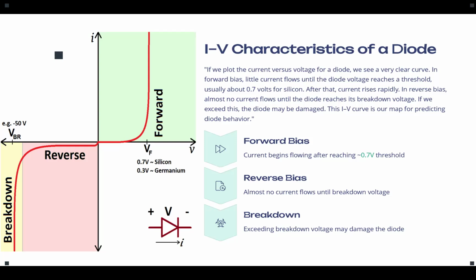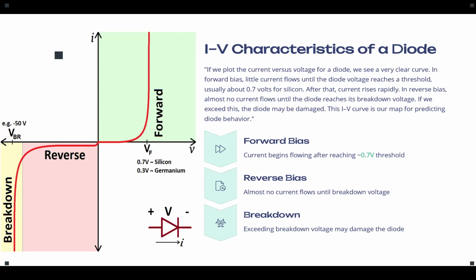Now, I assume you're already familiar with the IV characteristics of a diode, which, as you can see in the graph on this slide, we have two regions of working when we talk about the diode. One, as we said, is forward bias, that green region.